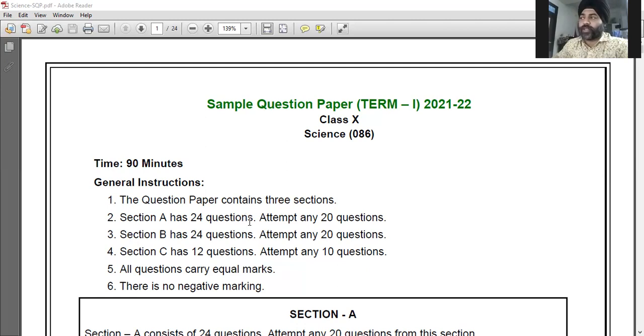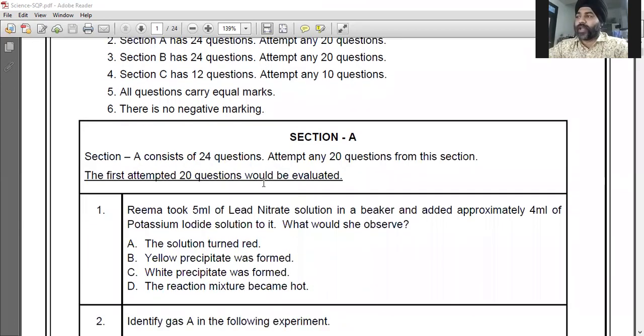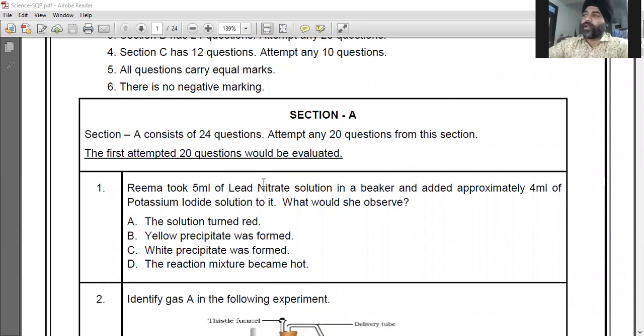Now, the next thing is that whenever we attempt multiple choice questions, as you know, this time in board term 1 you are getting multiple choice questions in all the papers.